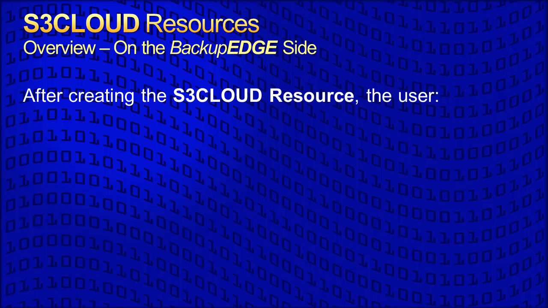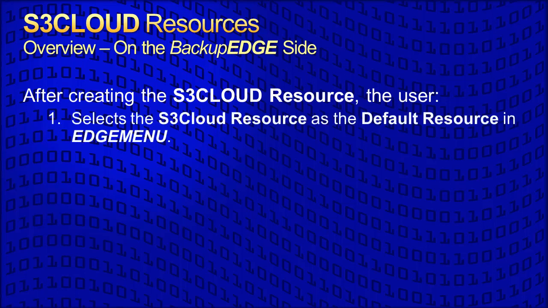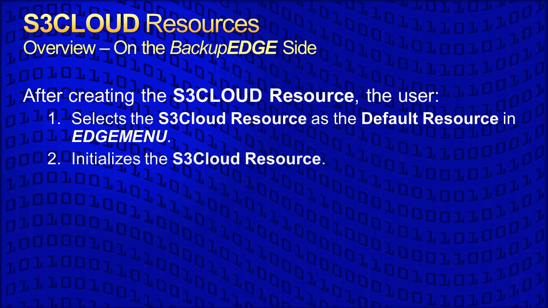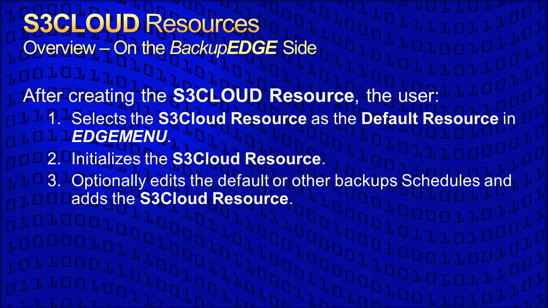After creating the S3CLOUD resource, the user selects the S3CLOUD resource as the default resource in Edge menu, initializes the S3CLOUD resource, and optionally edits the default or other backup schedules and adds the S3CLOUD resource.